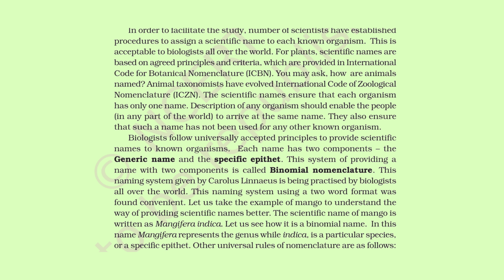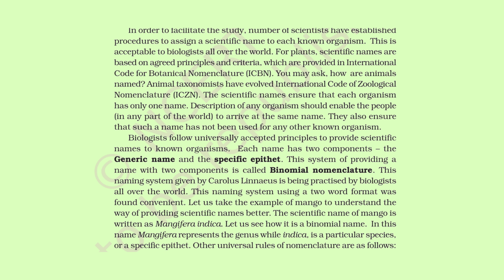The scientific names ensure that each organism has only one name. Description of any organism should enable the people in any part of the world to arrive at the same name. They also ensure that such a name has not been used for any other known organism.